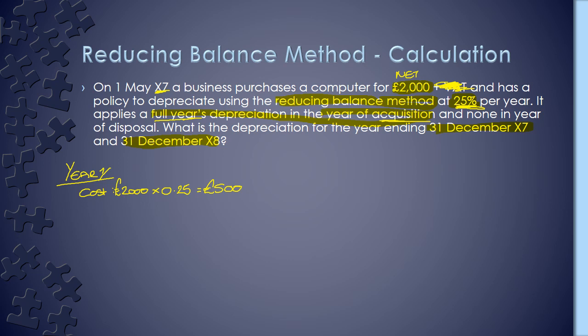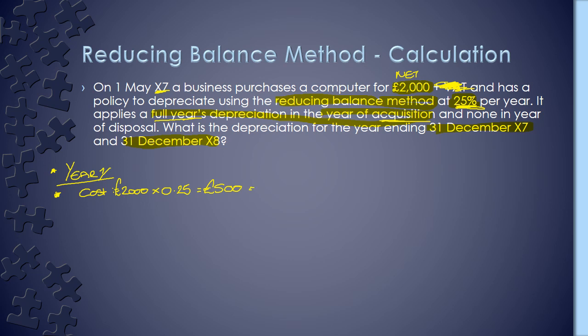Now the important thing to remember here is that your next year's worth of depreciation is going to be based on your new net book value. So year 1, you base it on your cost because you've just purchased the item.